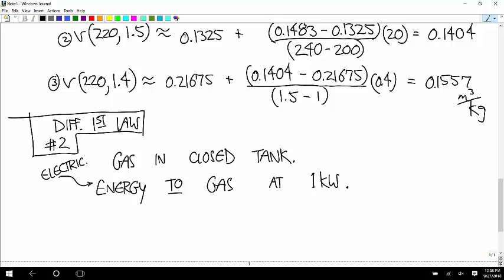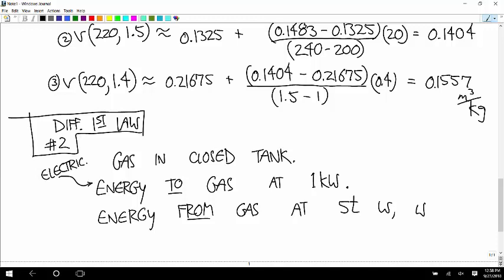And there's heat transfer from the gas to the surroundings. So energy leaves the gas at a rate of 5t watts, where t is in minutes.